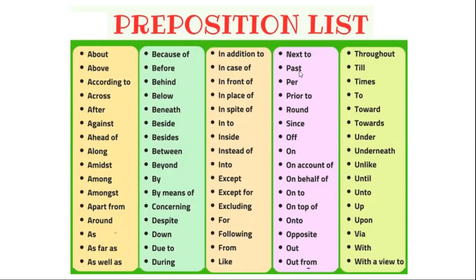Next to, past, per, prior to, round, since, of, on account of, on behalf of, onto, on top of, opposite, out of, throughout, till, to, toward, towards, under, underneath, unlike, until, unto, up, upon, via, with a view to.